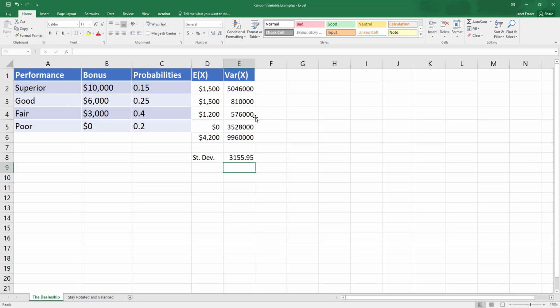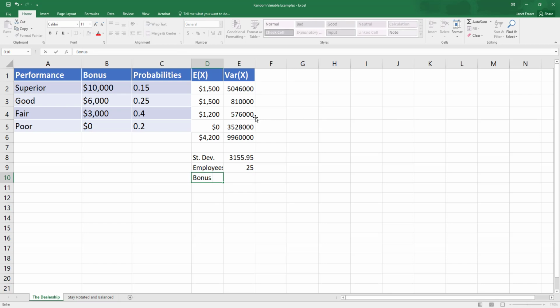So Brad has 25 employees, and our expected value is $4,200. So if he has 25 employees, we would multiply our expected value by 25 to determine how much Brad should probably budget towards bonuses.